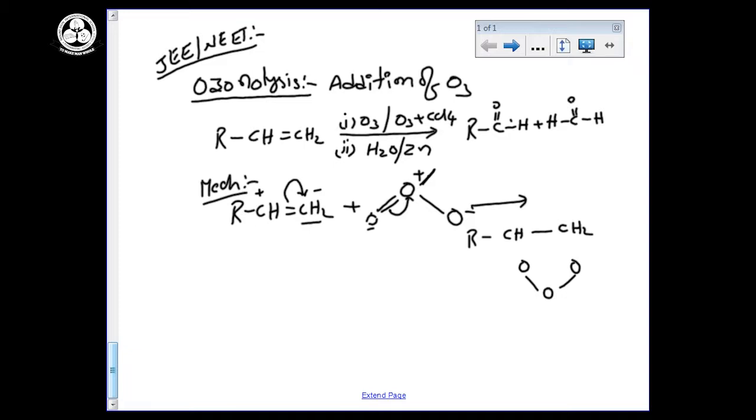So minus can take plus here, and it can form a bond like this. Two oxygens can form like this. This is called a molozonide, a primary ozonide. This is a highly unstable compound, a very unstable molecule.